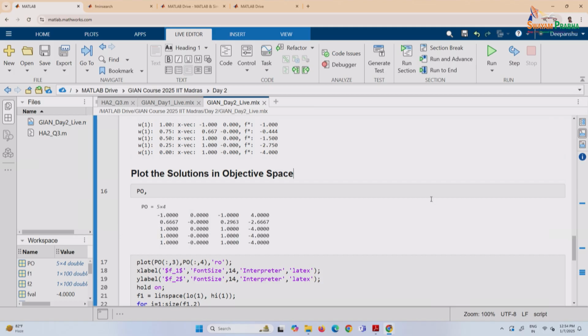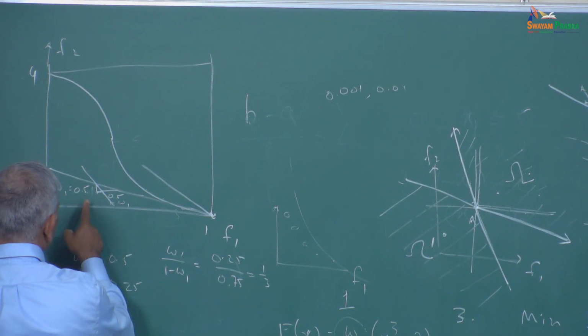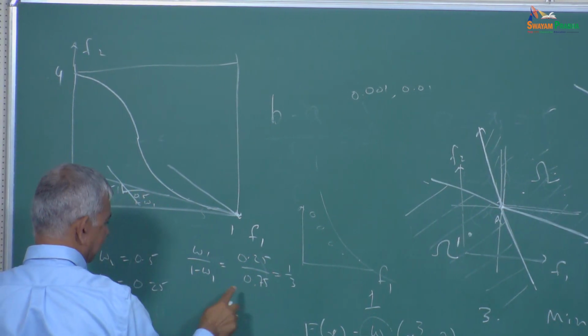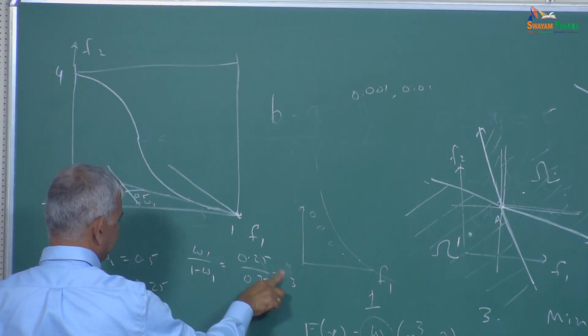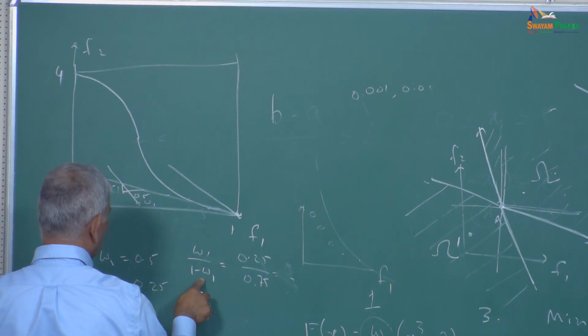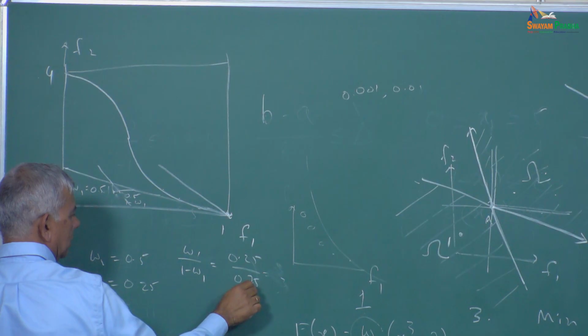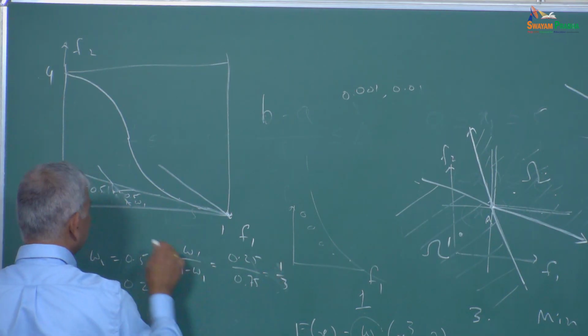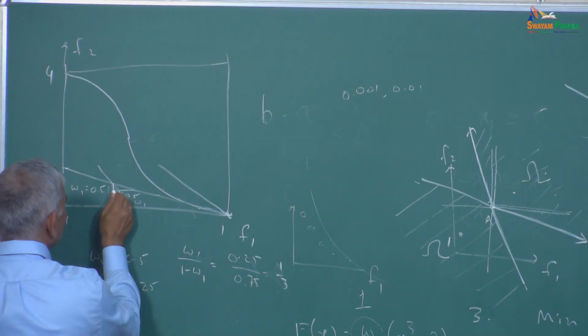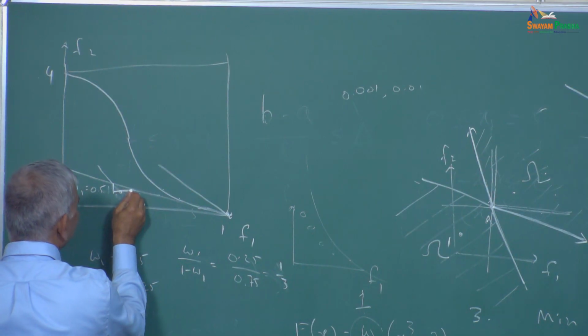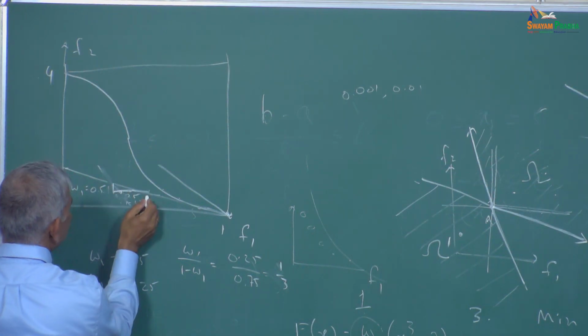If W1 is 0.25, I'm going 0.75 this way. Yeah, 0.75 this way, not 1/3. So if I go 1, I will go 3. I did it the wrong way. If I go 1, I will go 3. So it will be much lesser slope.